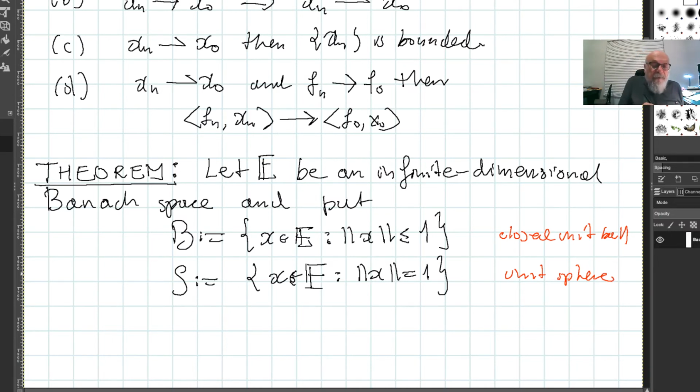So this is the closed unit ball, and this is the unit sphere in the space E. So what happens in such a case? We can write the conclusion, and this is only in the case of infinite dimensional space. This is very important for this statement.